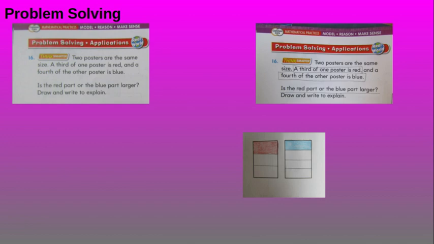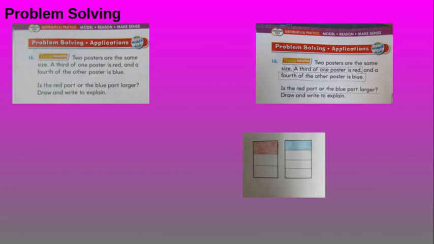All right, as you're finishing coloring those in, look at them closely. Which one is larger? Is the red 1/3 larger, or is the blue 1/4 larger? Well, looking at them the way that we've drawn them, I can tell that the red piece, or 1/3, is larger than 1/4.